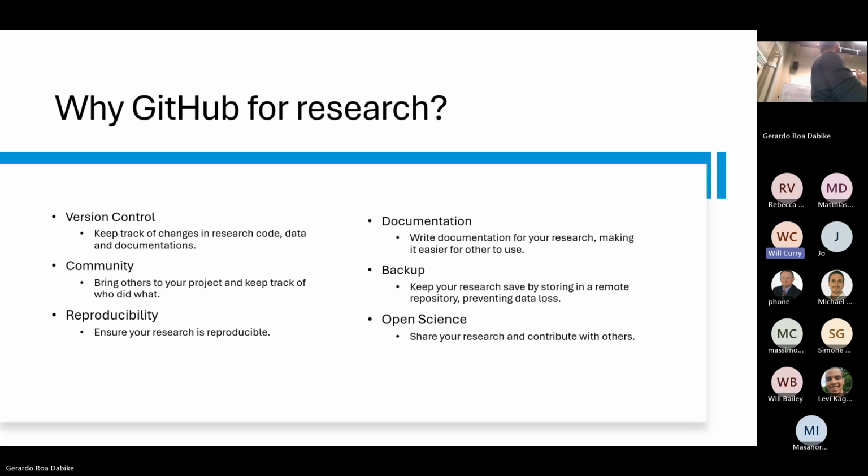So first, I'll try to give you an idea why this can be important for us, even though it is probably created for computer scientists and software engineering. With GitHub, we have free version control, which means we can keep track of every change we're doing, not only for code, but for any files, documentation, or anything we want to keep track of.